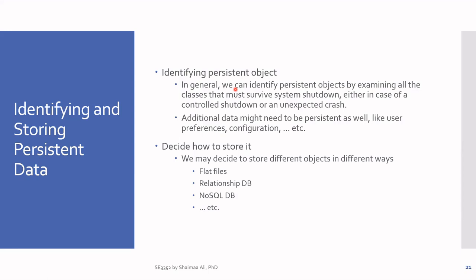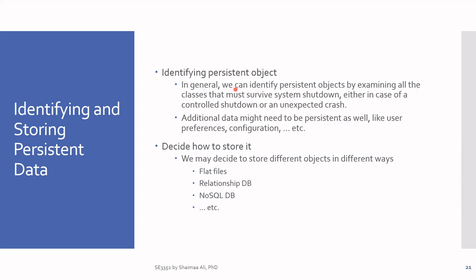These are the ones that you need to store. In addition to the obvious objects, like the objects related to the business, some metadata objects, like preferences and configuration, can also be needed later and need to be persistent.